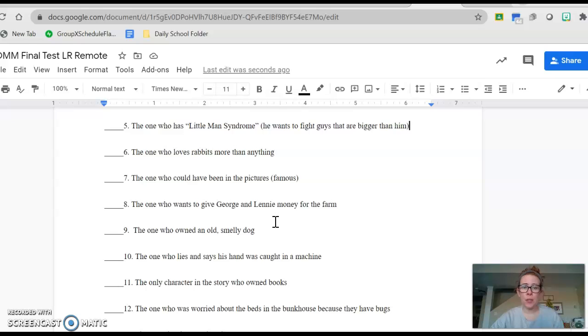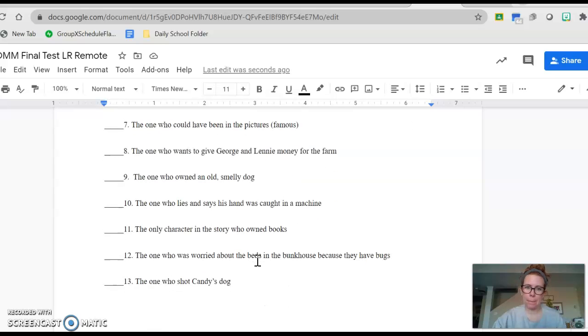Number nine, who is the one who owned an old smelly dog? Number 10, who is the one who lies and says his hand was caught in a machine? Number 11, who is the only character in the story who owns books?